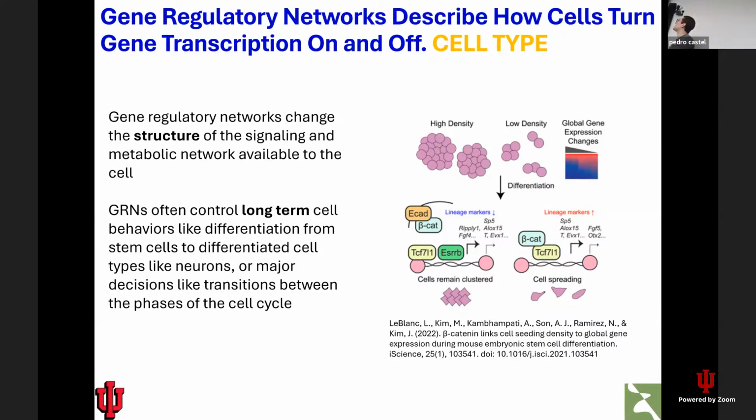So if a cell is sensing lots of neighbors in contact with it, some signals will be transduced internally to the cell, and then you can activate or inactivate certain genes, and this change in the cell transcription profile changes the type of the cell, and this can persist for hours to days.